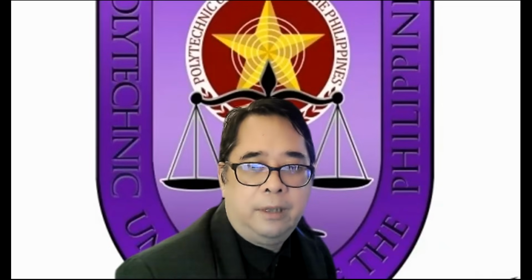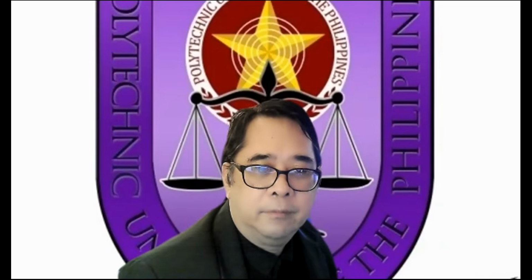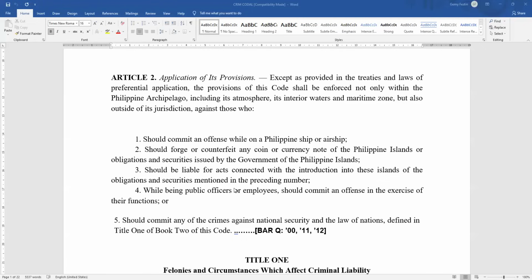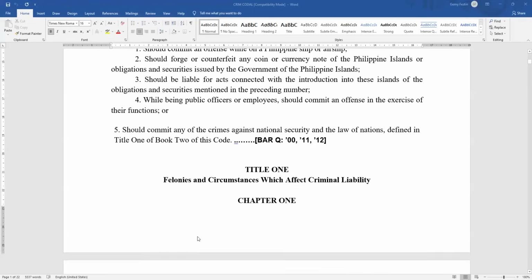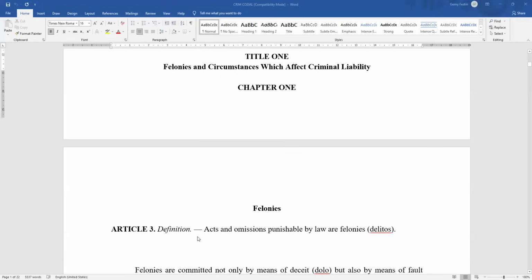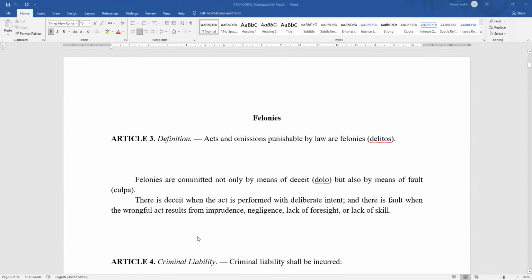Let me screen share. Felonies are committed not only by deceit, dolo, but also by culpa.